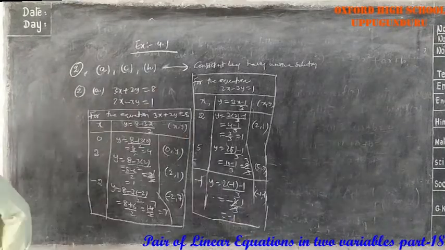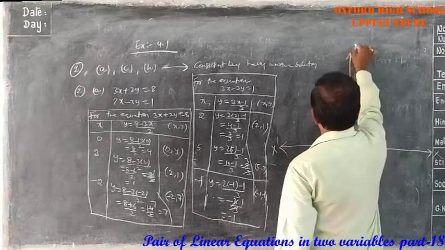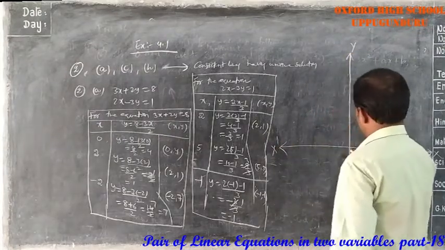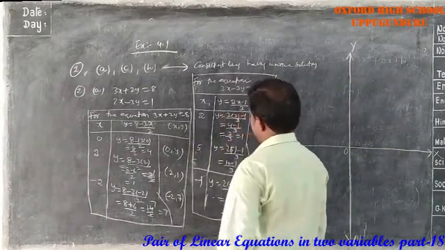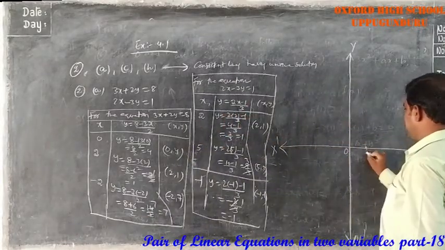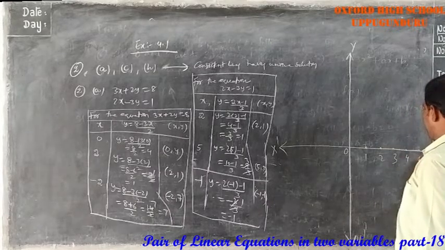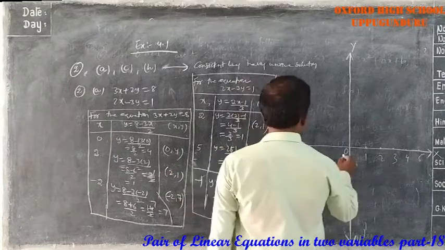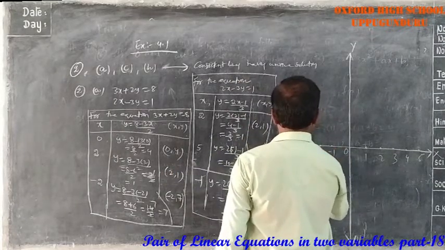Now when you are representing these 2 equations on the graph, draw the x-axis, negative x-axis, y-axis, negative y-axis. For x values, the maximum we are taking is 5 positive. That's why I am taking 5 integers: 1, 2, 3, 4, 5. Negative values: minus 1, minus 2, minus 3, minus 4.